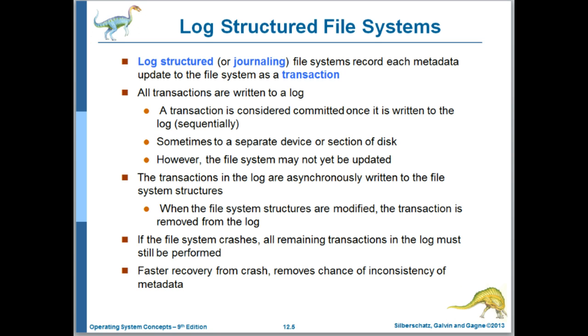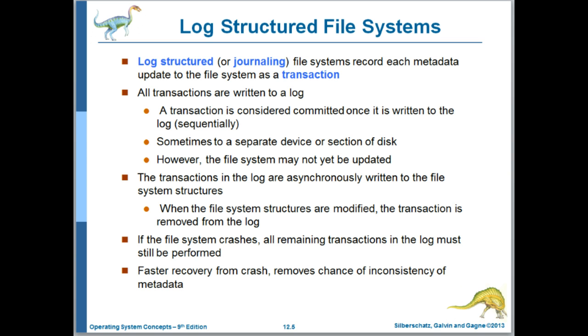And these journals, these logs, are designed in such a way that if a file system crashes, either all the metadata for a file has been updated in the actual file system, or none of it has. So the metadata is kept in a consistent state, which speeds recovery.